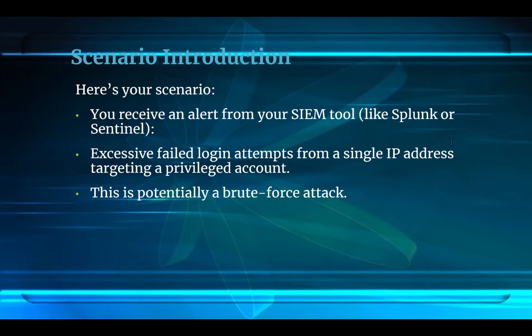Then there's also what we call indicators of compromise. Who knows what that means? You are still going to get to that part where you have some theoretical training about indicators of compromise.